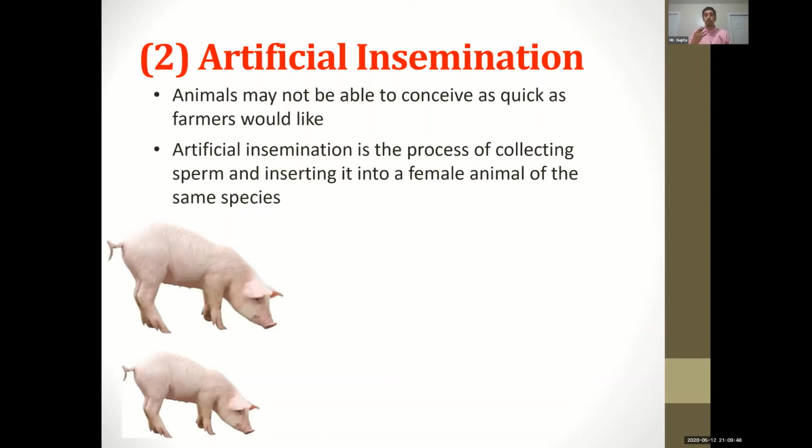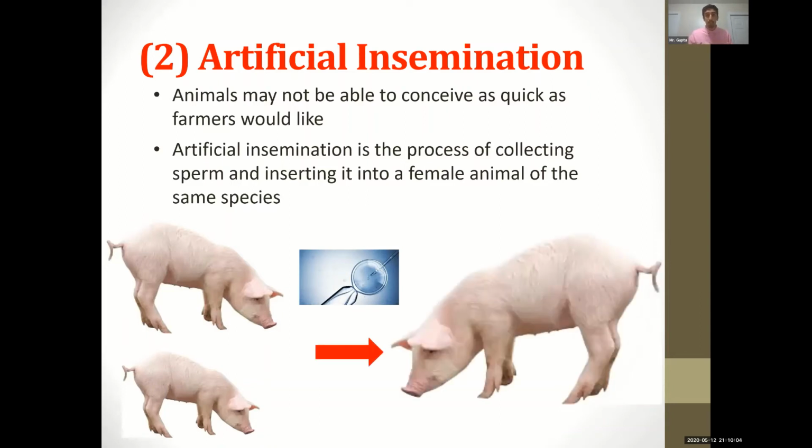And perhaps we can say the mating process for pigs takes a long time, and we don't want to wait. We want to get more baby pigs. So through artificial insemination, by collecting the sperm and working in a petri dish, we can speed up the breeding process and create an even bigger pig. So artificial insemination and selective breeding can go hand in hand.